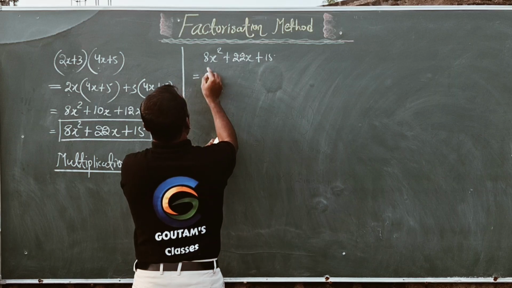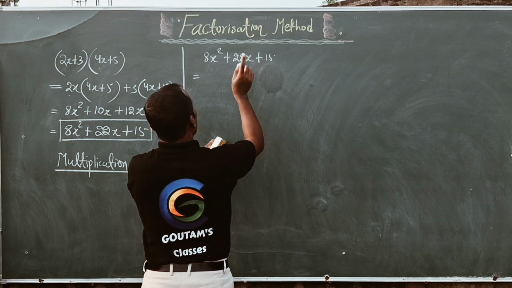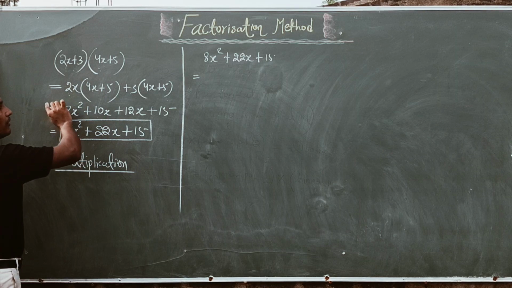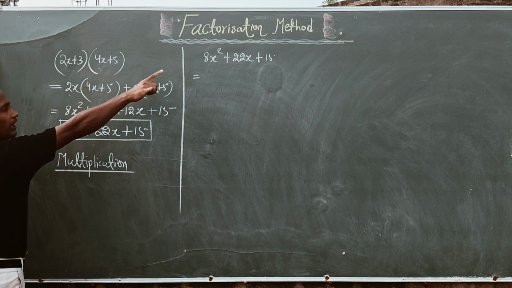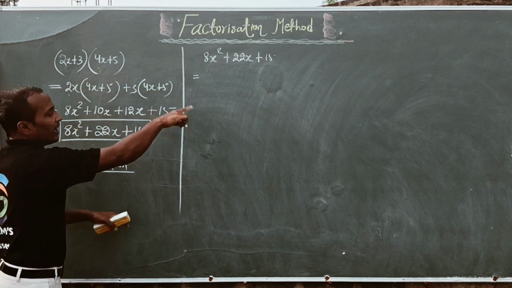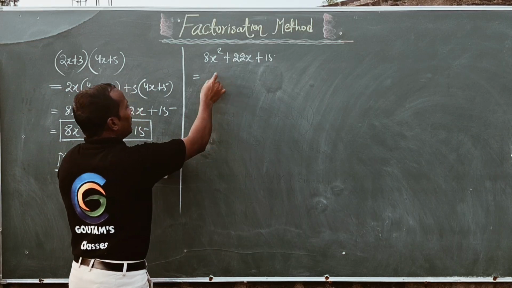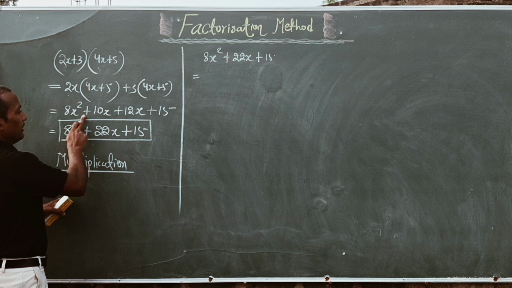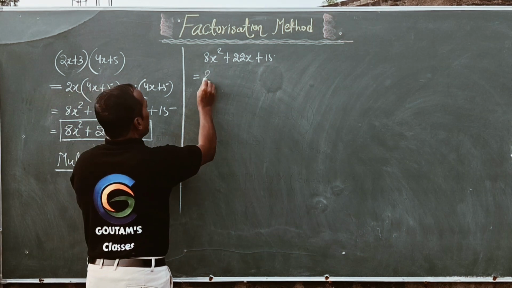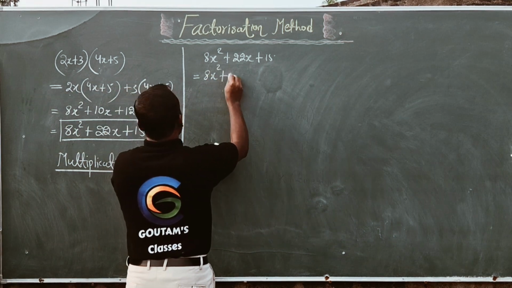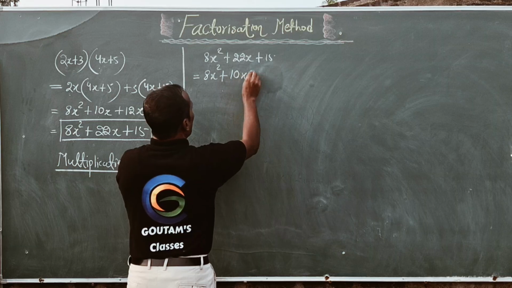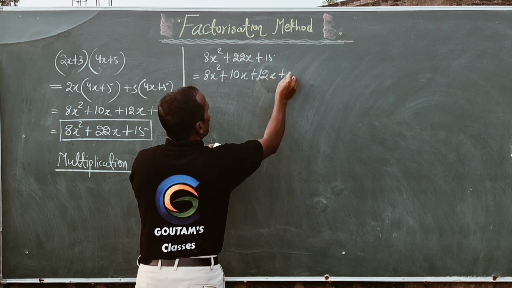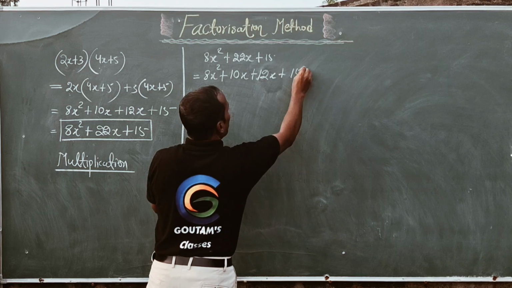Now I will express this expression as product of its linear factors, because this quadratic polynomial was obtained by multiplying two linear factors. At the end I should get these two. At the end of factorization I should get this. So here I am doing factorization. I'll write the steps of multiplication in backward manner. First I wrote this, then I will write this step. So 8x square plus 10x plus 12x plus 15.